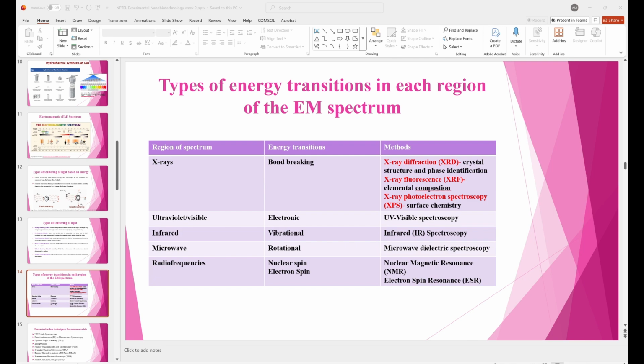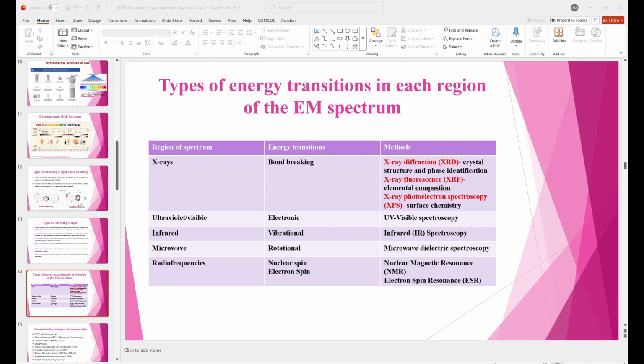That was an XRD image of it, but on surface chemistry, graphene oxide will have more oxide groups and reduced graphene oxide will have a smaller number of oxygen groups on the surface. To confirm whether your graphene oxide has been transformed to reduced graphene oxide, you can do this using XPS.